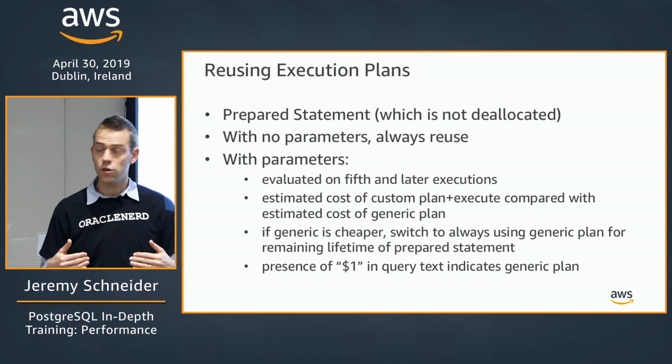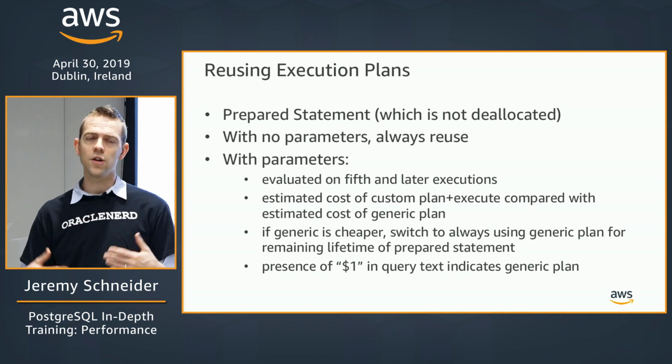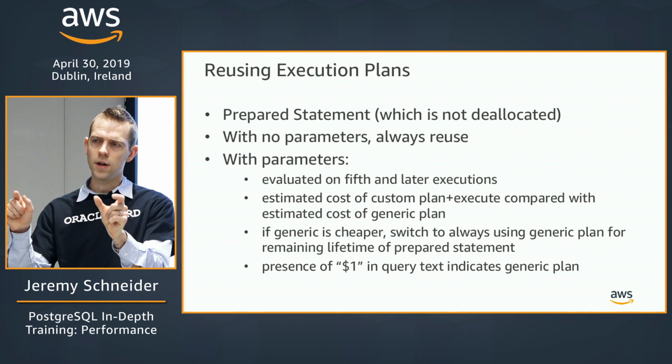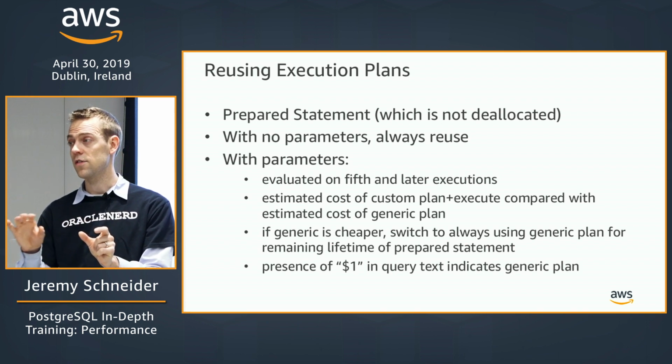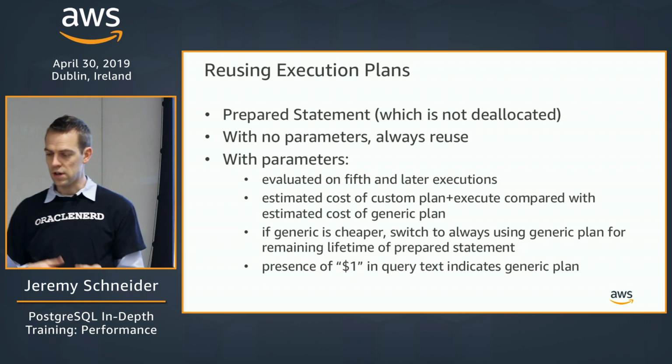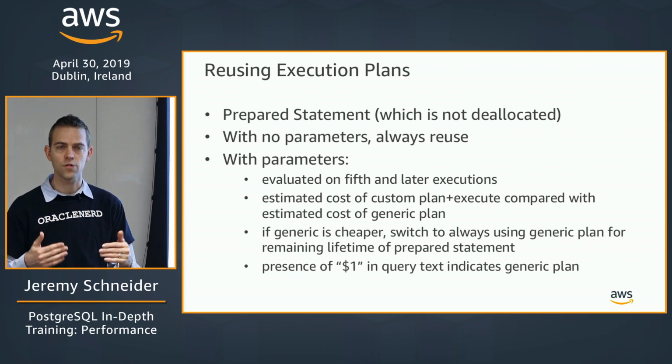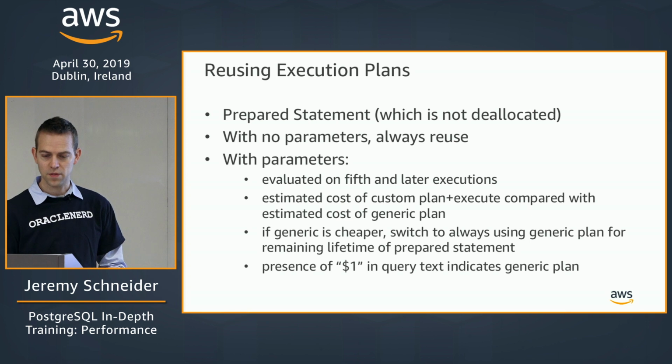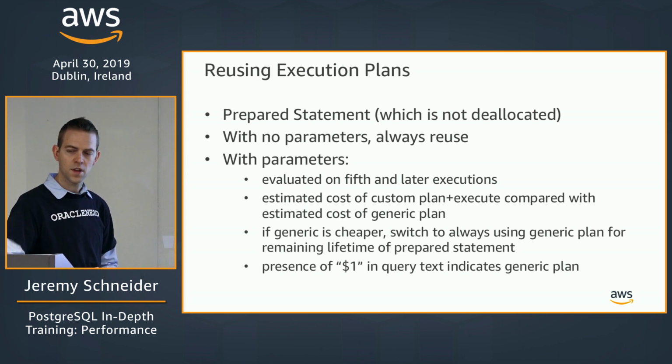You certainly can see it in your own session. It's very easy to illustrate this by running a query, doing explain analyze on that query, and then running the query 5 or 6 more times after doing a prepare, and you'll see the $1 start to show up in your explains. So that's how you know if you're getting the generic execution plans.